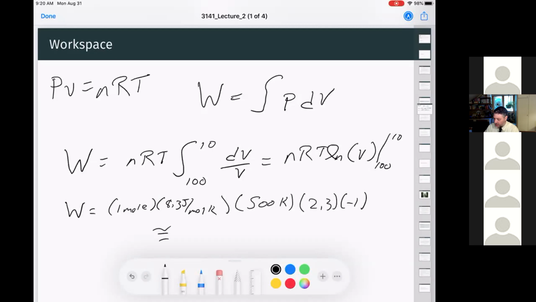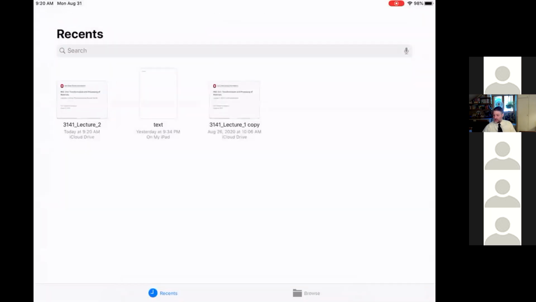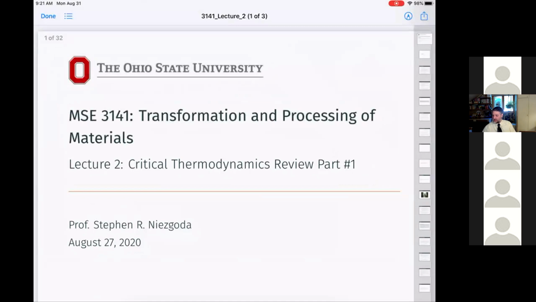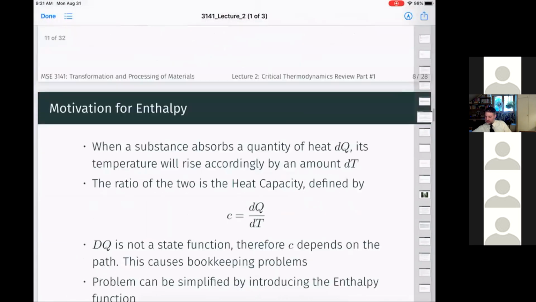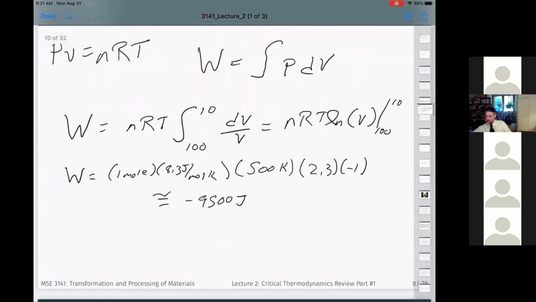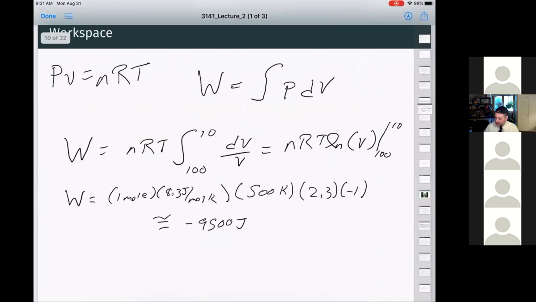So therefore, we're going to be approximately 9,500 joules. A really straightforward calculation, right?